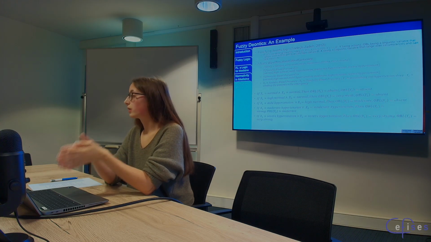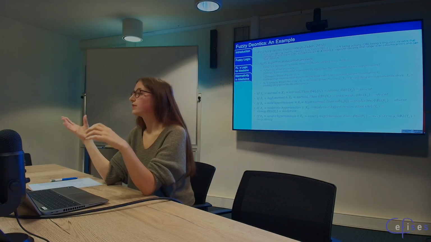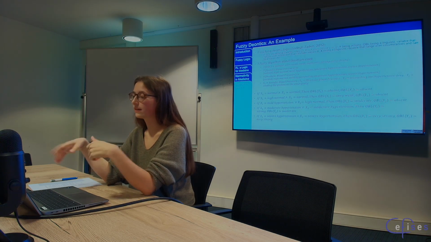So with fuzzy deontics, we can create a fuzzy algorithm. I created an example about blood pressure because we already had the data. So we have the variable obligation. What are the values that the obligation variable can take? It can be absent.